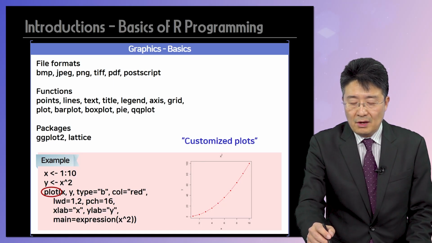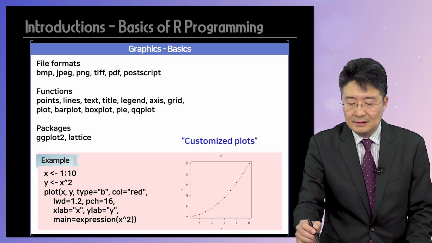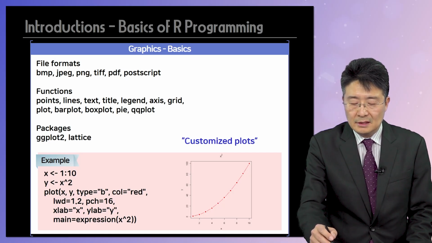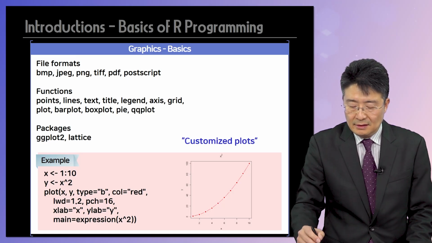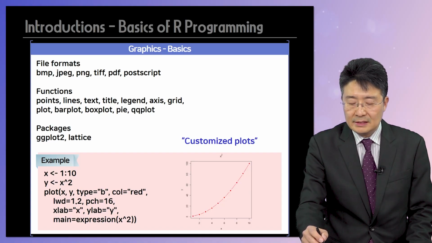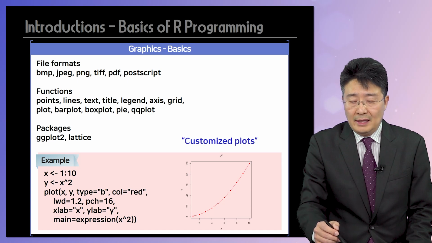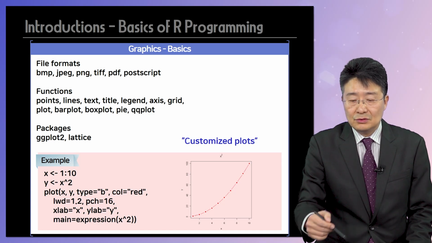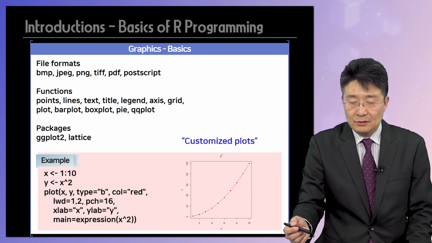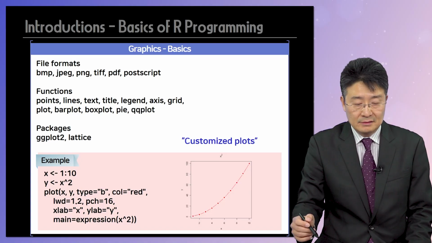We can plug the data in here, decide the type of the plot, color, x-axis label, y-axis label, and the main title, and then you can customize your plot on your own. Then you can get this plot.